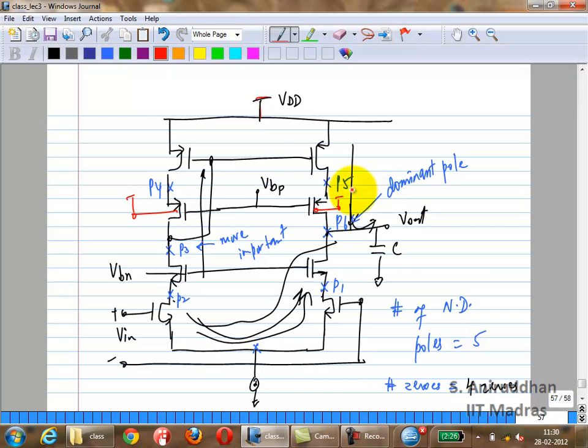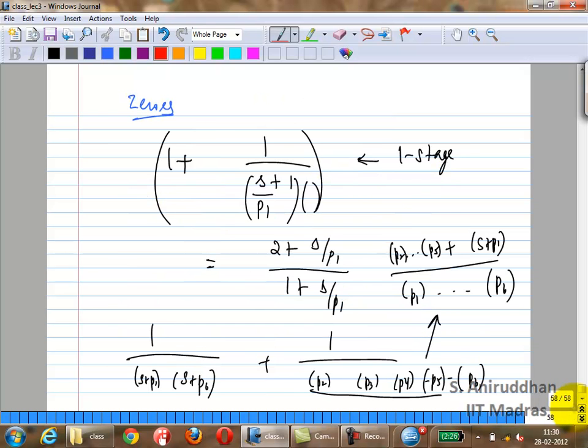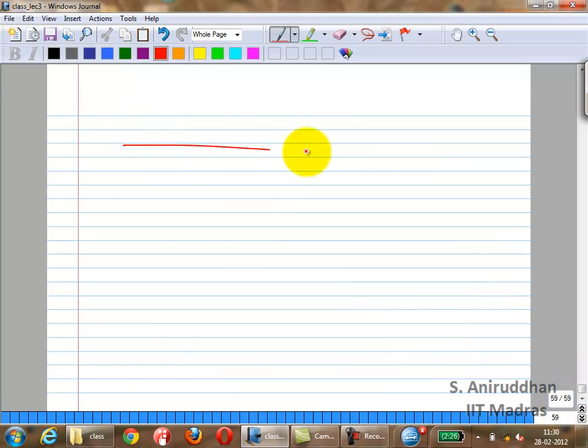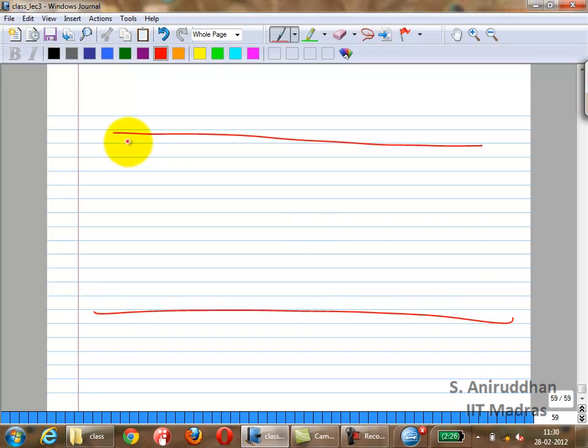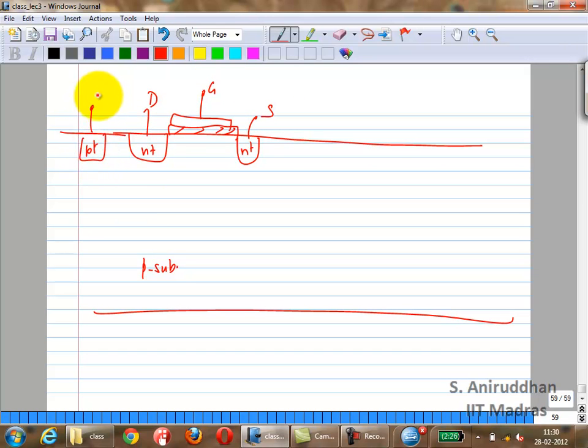Why? NMOS is a device which is directly in the substrate. You can't do anything because substrate is a global substrate. It's going to be connected to ground. You can't do anything about it.